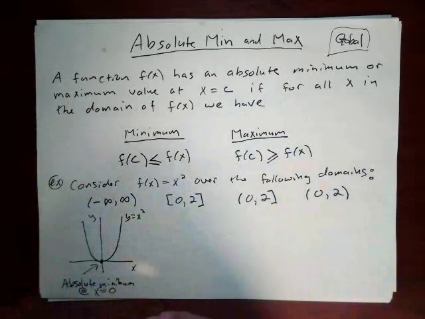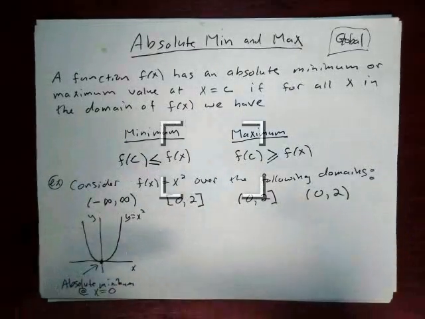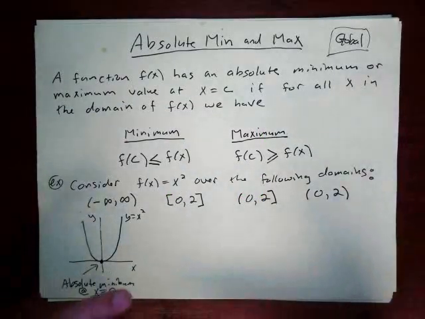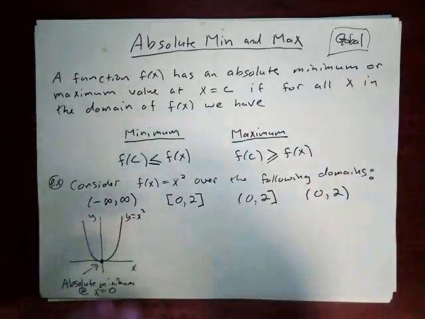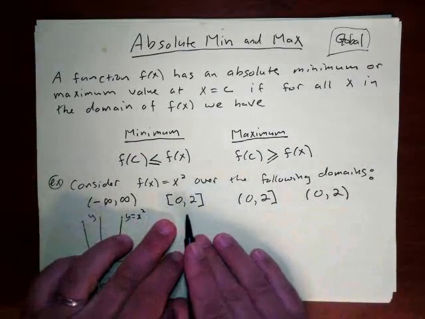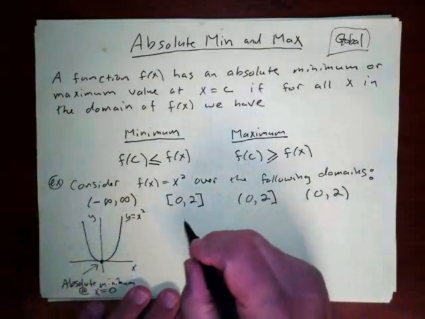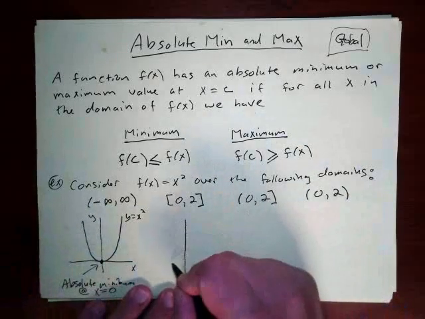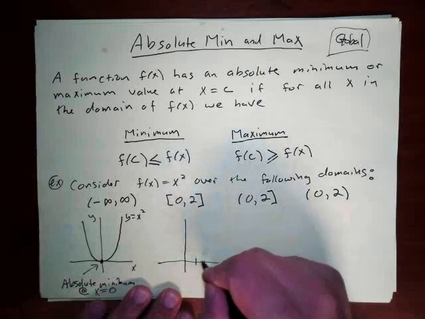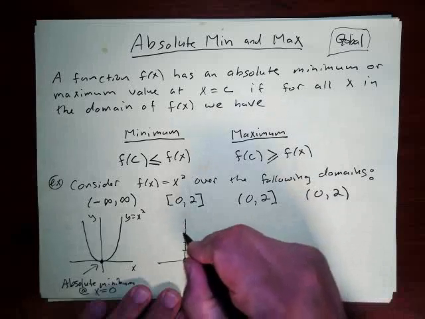Okay, so now you can take a function though, and in different situations you're only interested in certain portions of the domain, and so you might restrict the domain of the function. So in this case I'm considering f of x equals x squared over the domain of just 0 to 2. And this is where 0 to 2 is a closed interval, so it includes 0 and 2. Right? So we'll say this is 0, and then at 2 we know that it's equal to 4.